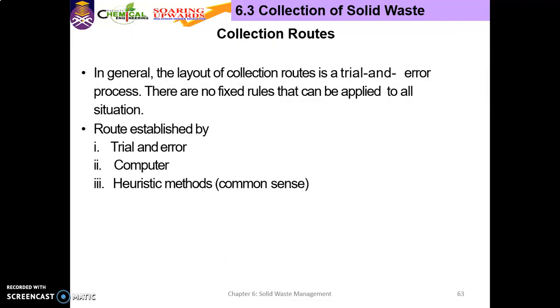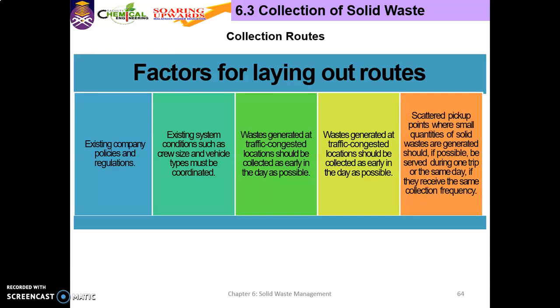Next, we move to factors for laying out routes. It depends on the existing company policies and regulations, and also existing system conditions. Waste generated at traffic congested locations should be collected as early in the day as possible, and then scattered pickup points where small quantities of solid waste are generated.